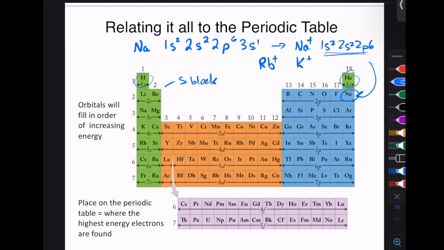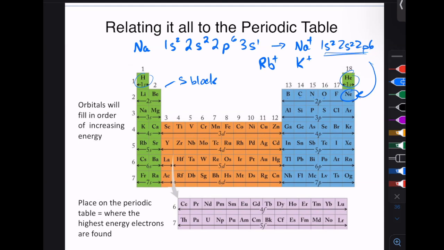Rb has 1 valence electron, so in a chemical reaction, its tendency is going to be to lose that 1 electron to become isoelectronic with its nearest noble gas. Now, what's the nearest noble gas to rubidium? It's krypton, Kr, sorry.